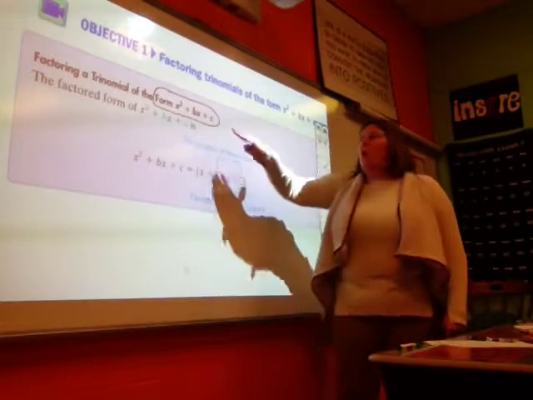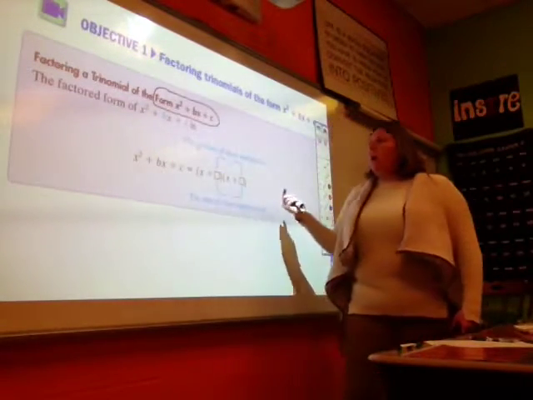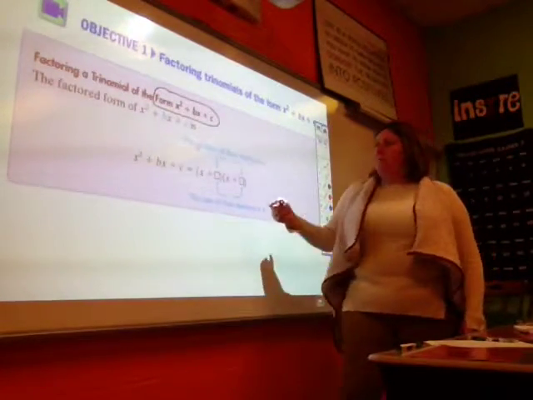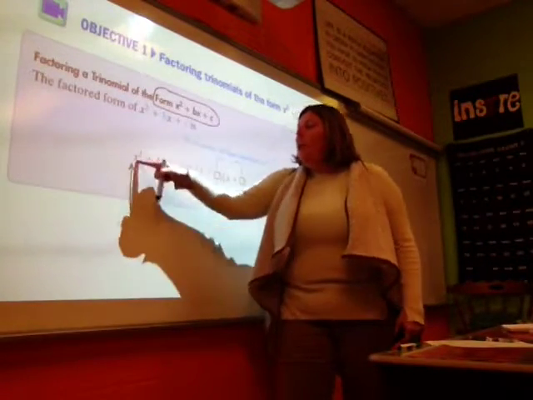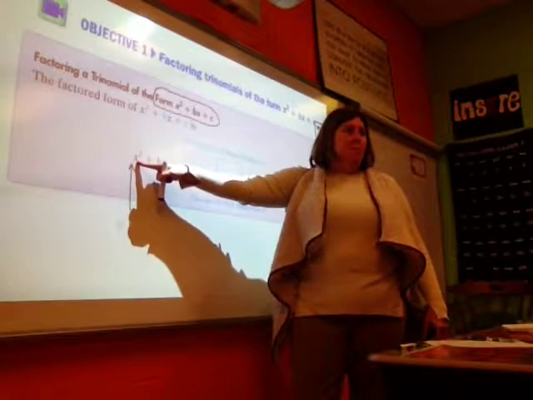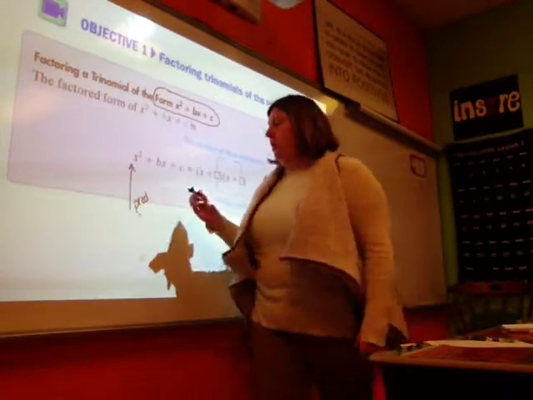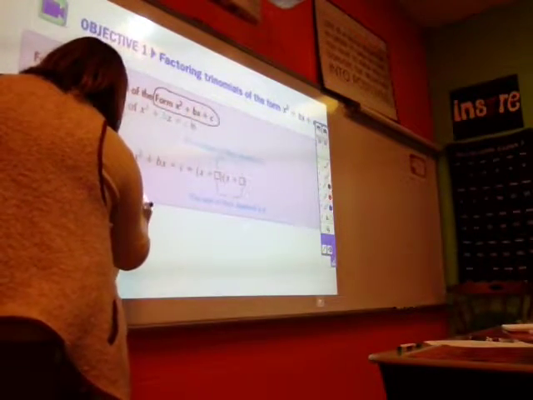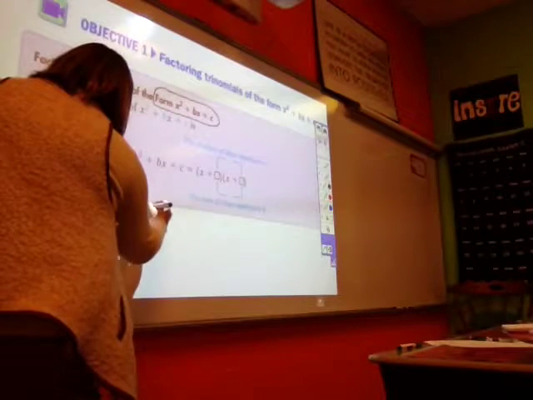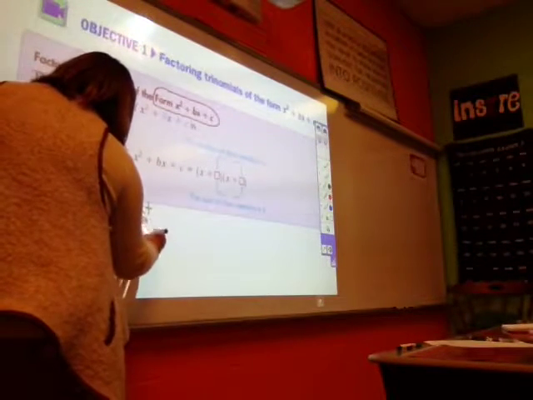All right? So when it's in quadratic form with a being 1, here's how this works. Keep in mind that if you didn't already have this written down, how did we get this? This was the what? The product of the first terms, right? Hold on, I'm going to rewrite that somewhere else so that I have it written. Okay, product of first terms. Everybody agree?